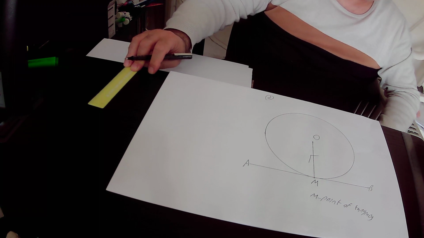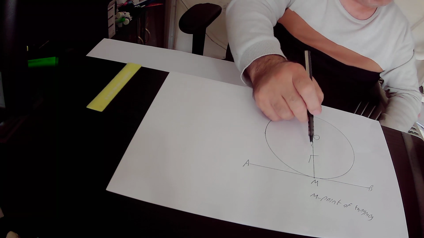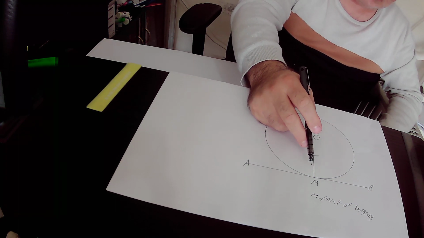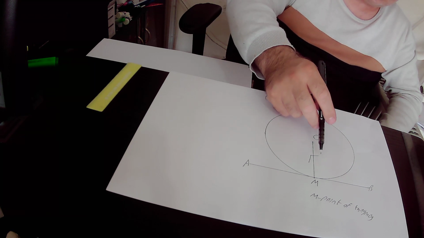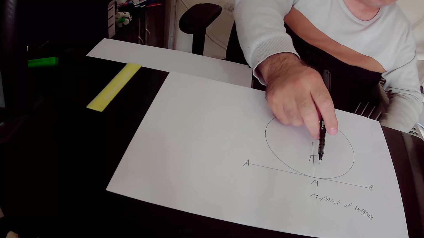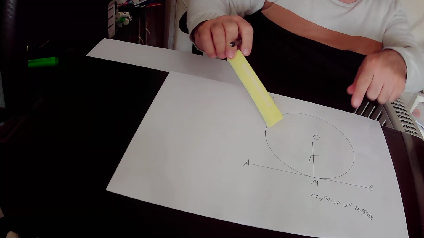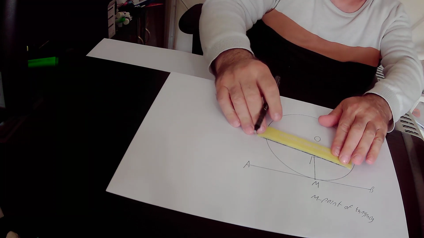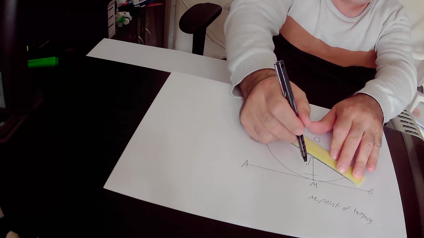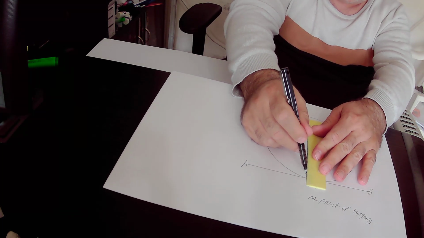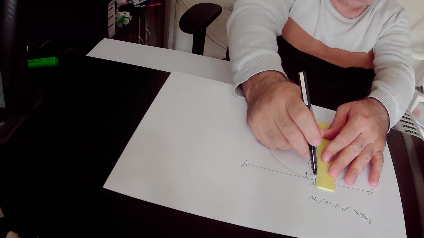So the tangent AB is perpendicular to this radius, because this radius is drawn to point M, the point of tangency. Therefore this angle equals 90 degrees, and this angle also equals 90 degrees.